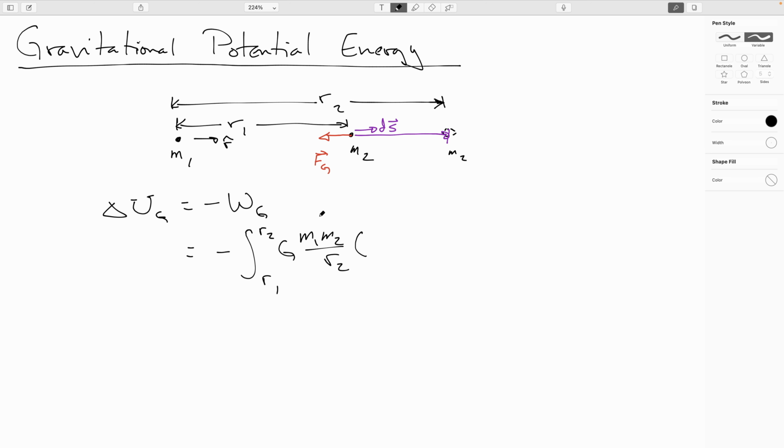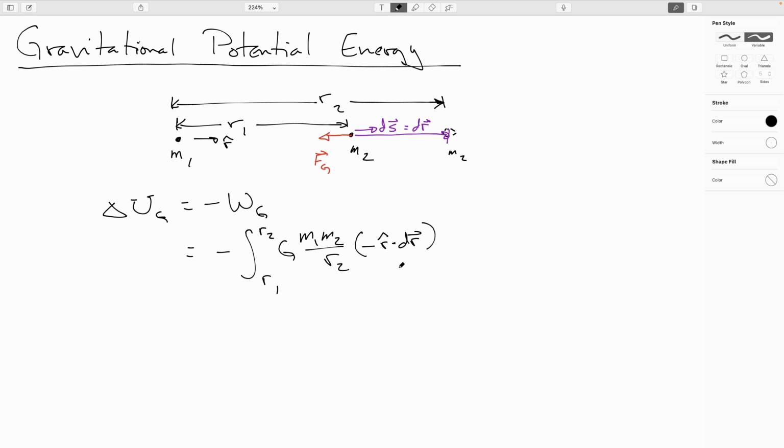And then to give this a direction, it's pointing in the minus r hat direction, and we are going to be dotting it with this ds here, which we can also call dr, because it's pointing away from our m1. So we'll go ahead and say here, dotted with dr.